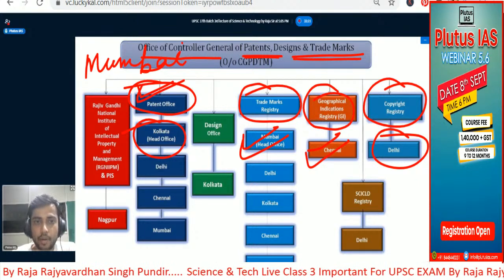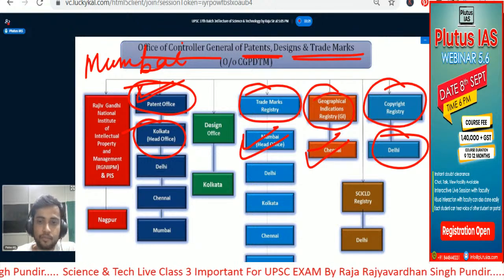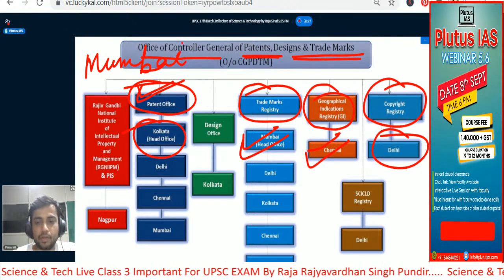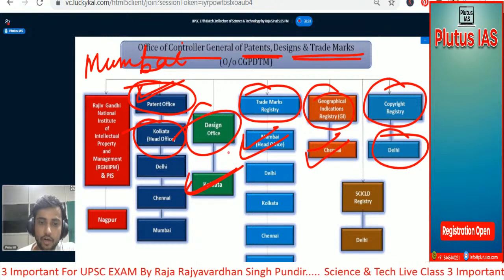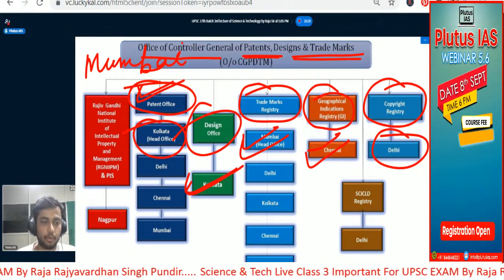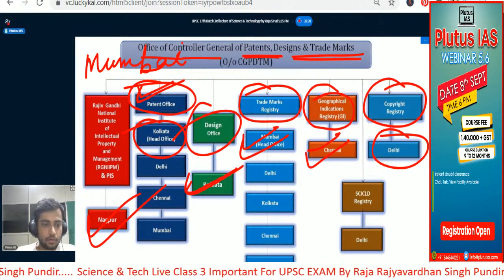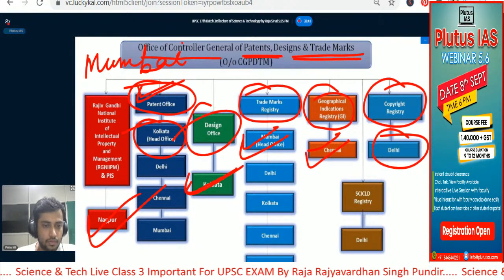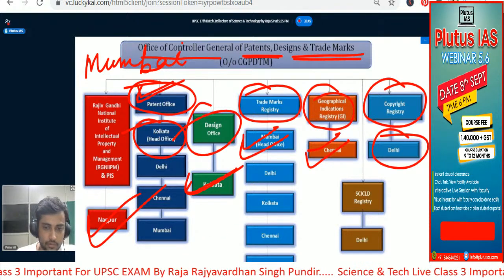And if you cannot remember it, that is not an issue. So we have this design office headquartered in Kolkata, and the Rajiv Gandhi National Institute of Intellectual Property is in Nagpur. Such kind of factual information is always important.